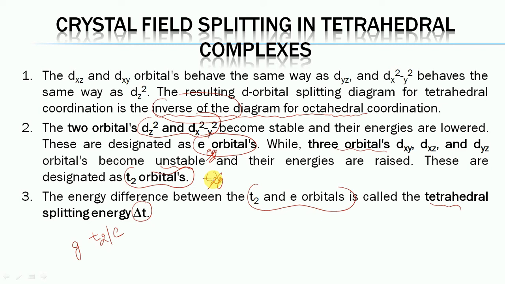This is because tetrahedral geometry has no centrosymmetry, so the symbols g and u have relevance only for fields which have a centrosymmetry, such as the octahedral field.